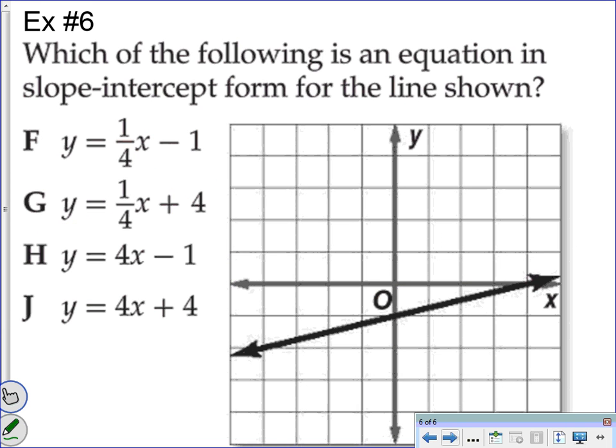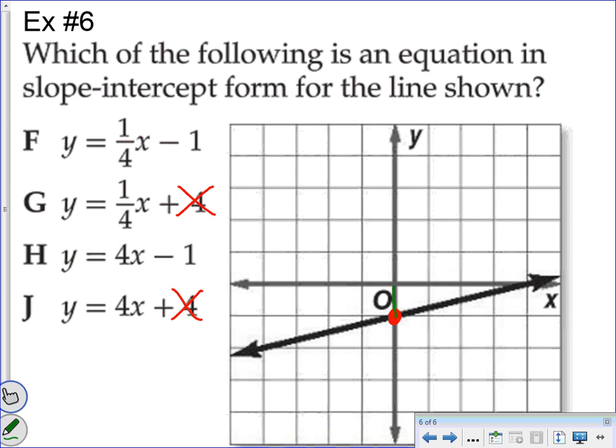And here's one final one. So I hope you noticed this started at -1. So immediately I'm going to rule out G and J. Now I'm going to take a look at the slope. The first one is 1 over 4.